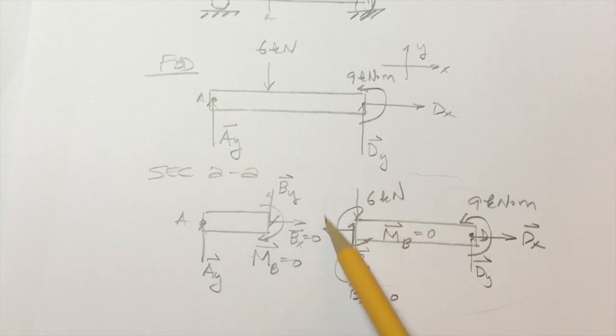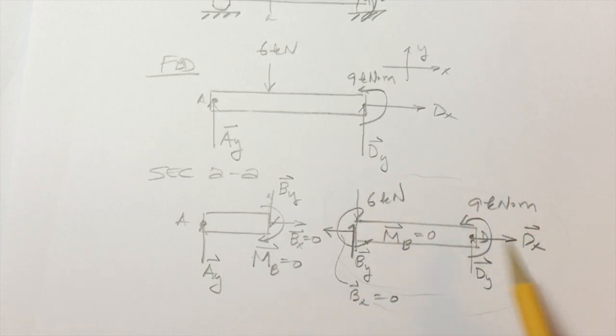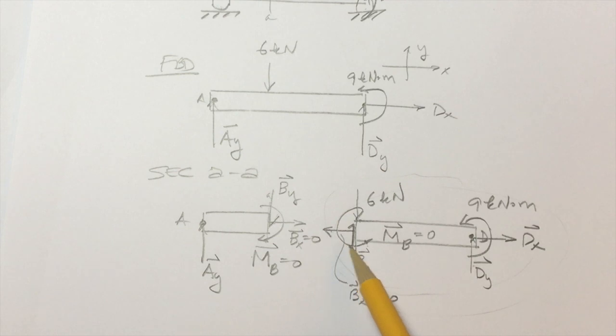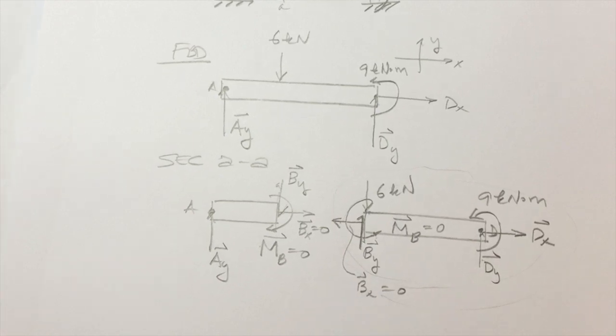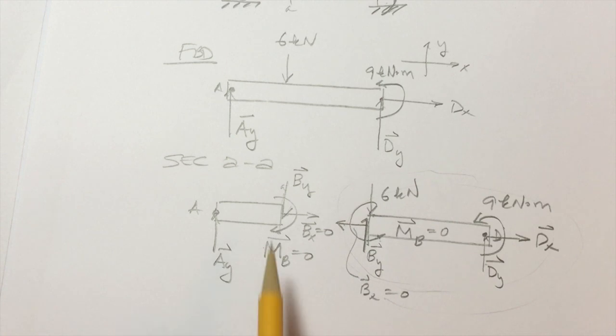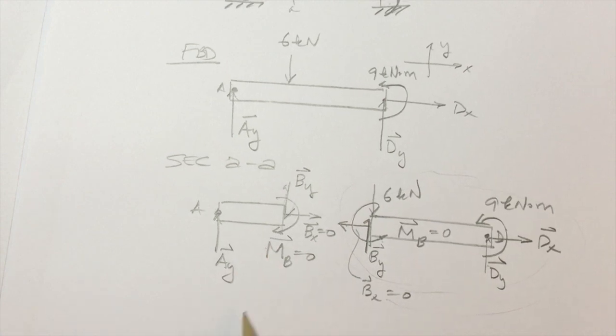So I look at this system right here, By, moment, and a normal. So it'll balance out. So these are the free body diagrams once I section it at B.